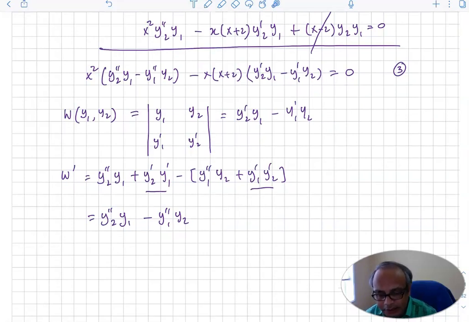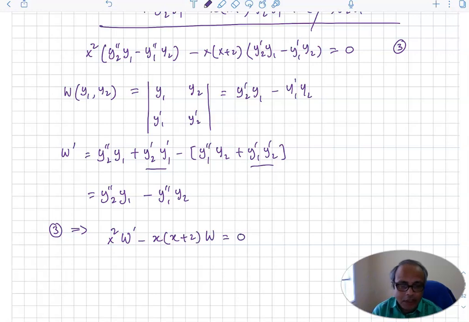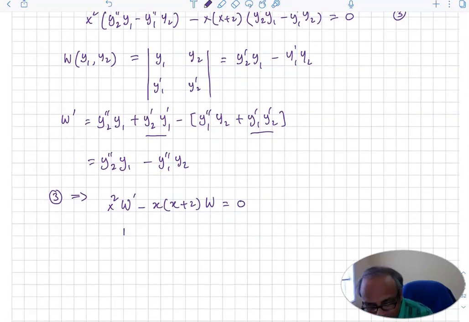And you can see that this coefficient is the same as this coefficient, so you can replace those quantities in equation 3. If you look at equation 3, now you get x squared W prime minus x times (x plus 2) W equals 0, and you get a separable equation.